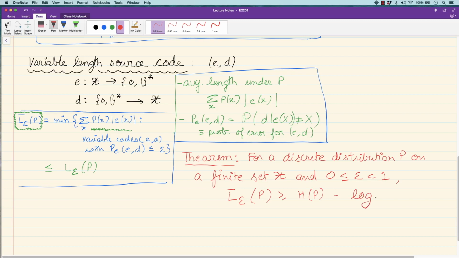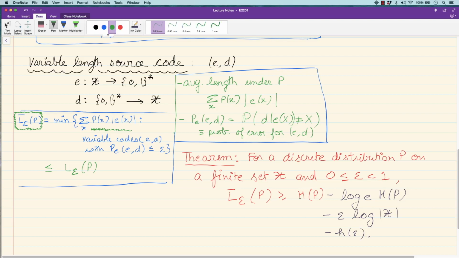That correction term is log of h of p, minus epsilon log cardinality of x, minus h of epsilon.